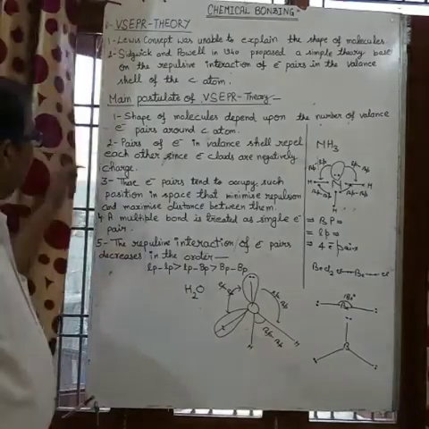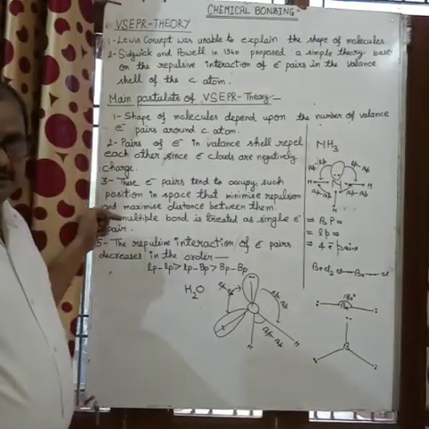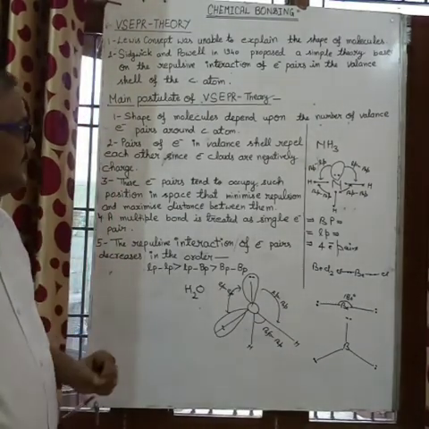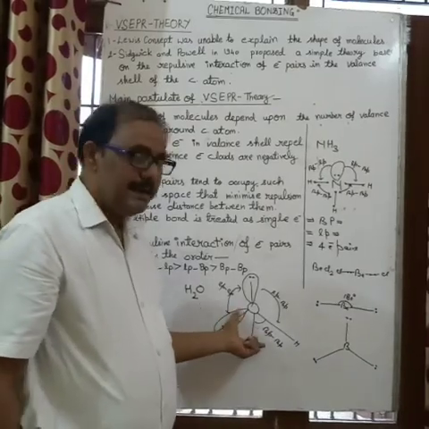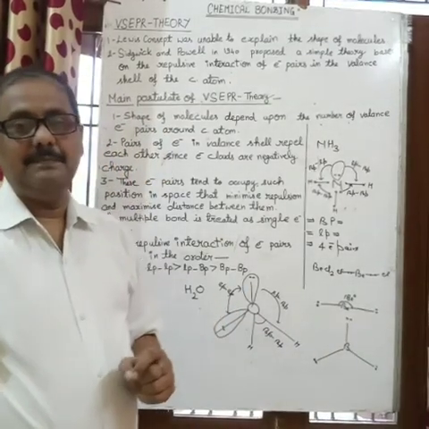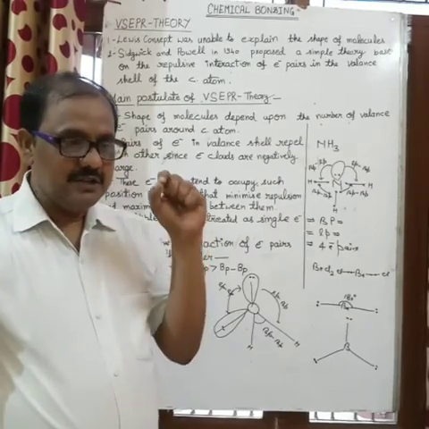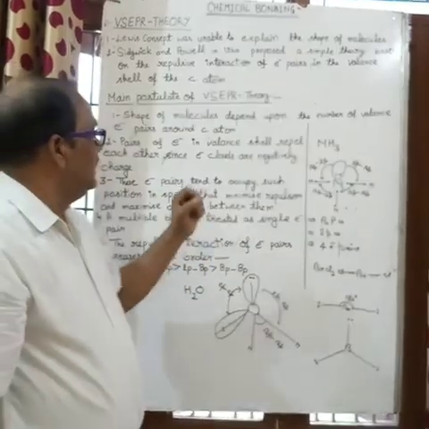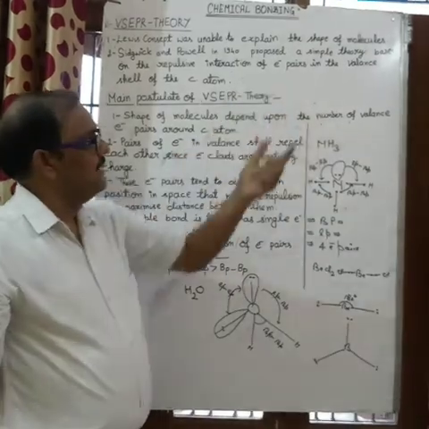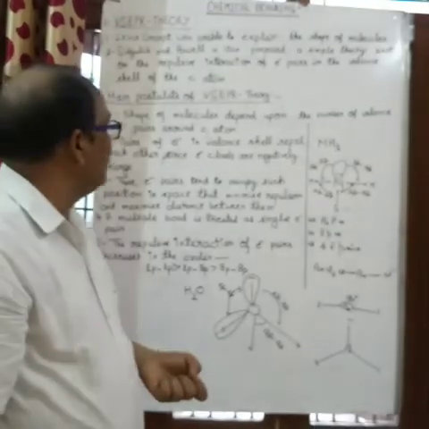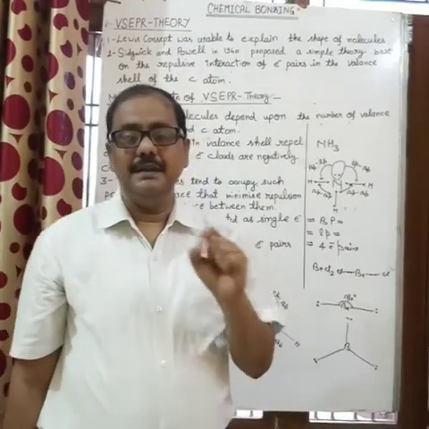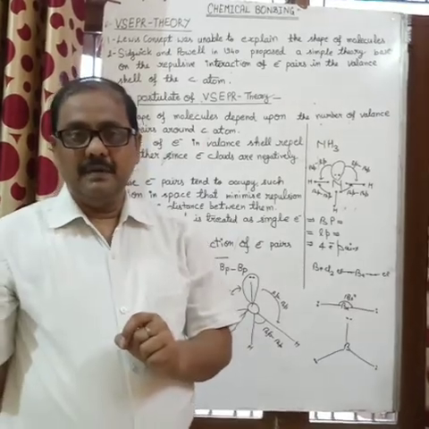So these are the main postulates of the VSEPR theory, and with the help of VSEPR theory, we can predict the shape or geometry of molecules, which is based on the number of electron pairs present in the outermost shell of the central atom in any compound. Okay, class?